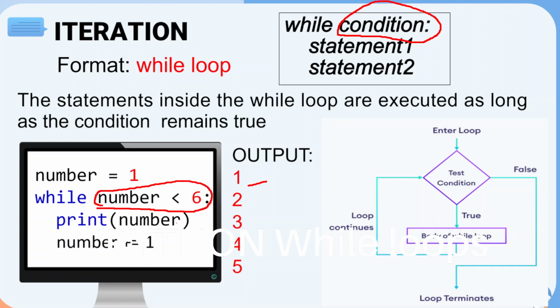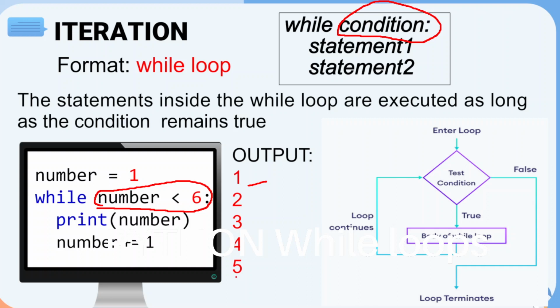and then why does it become 2? It's because of this one, number equals number plus 1, so there's an increment in this part. As you can see, it will only stop listing all the numbers once it meets the condition.